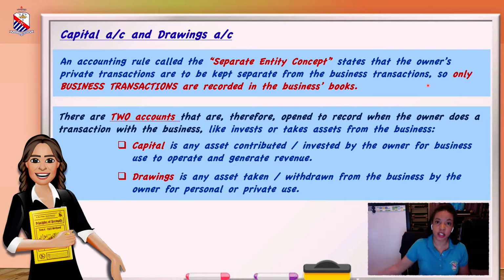The owner has done a transaction with the business, even though he is the owner. So you might say, well, he's taking it, but it's his. Remember, we are treating it separately. So even though it is his in reality, for accounting reasons, we have to treat him as a separate entity from the business.